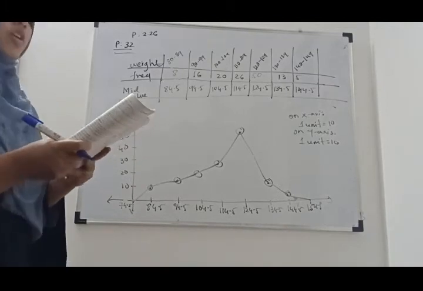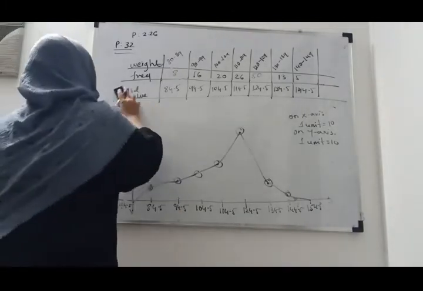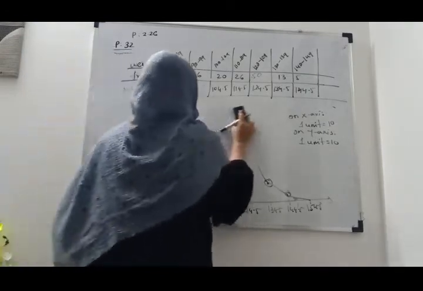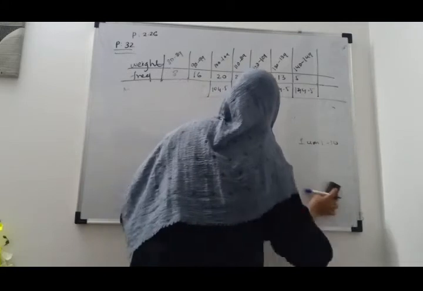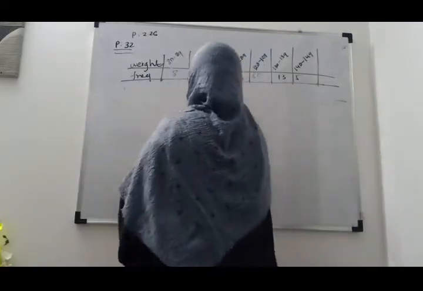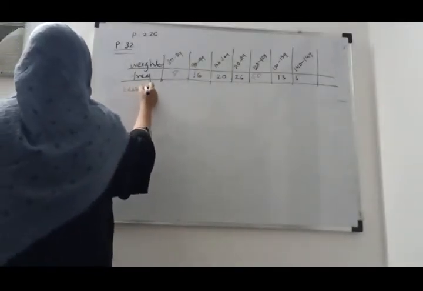Now we have to draw the ogive curves, meaning less than and more than. For that you will require less than cumulative frequency and more than cumulative frequency. So first we will draw the less than cumulative frequency.